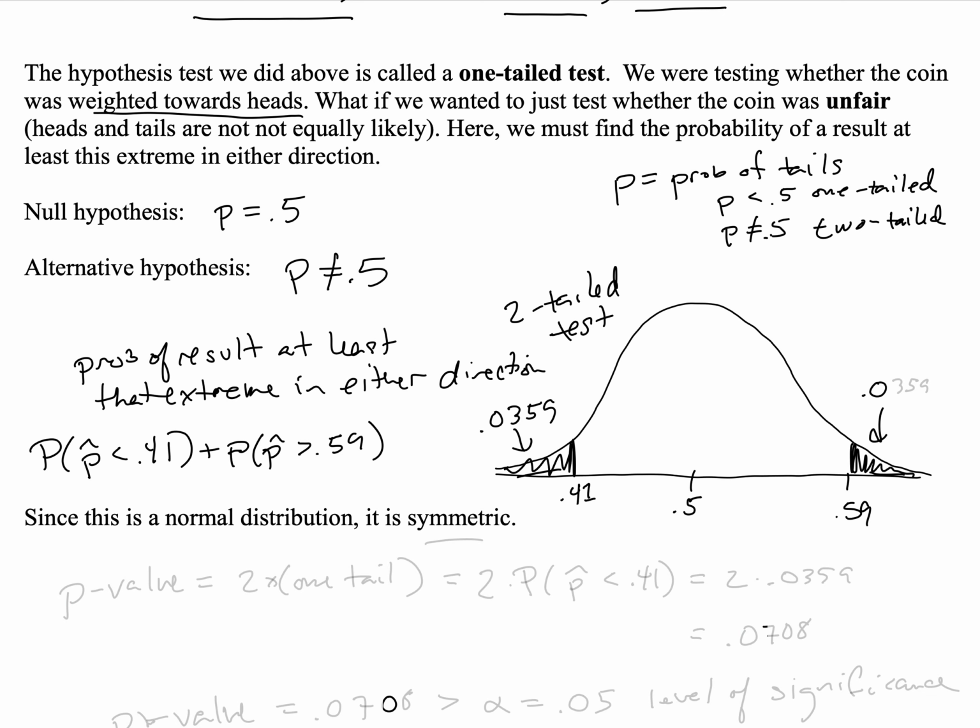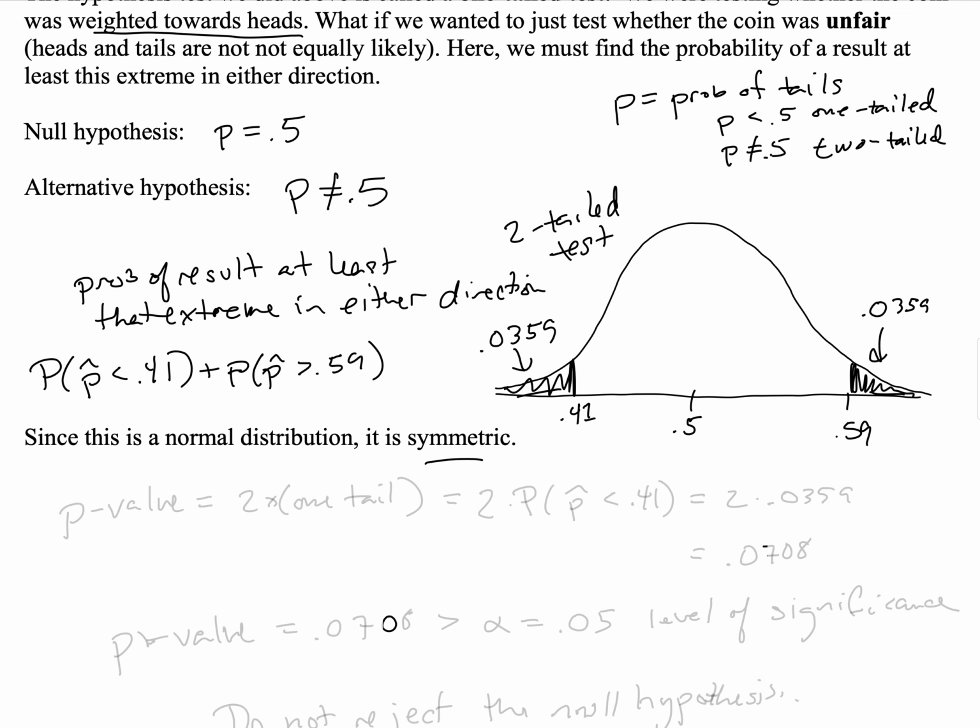Well, it's the same thing, right? Because we know that the normal distribution is symmetric, and so it's going to be the same thing in both tails. So the only thing that changes when we do a two-tailed test is that the p-value is going to be twice what we get in one tail. So we can still calculate that value for one tail, and this time it would be 2 times the probability that the sample proportion was less than 0.41.